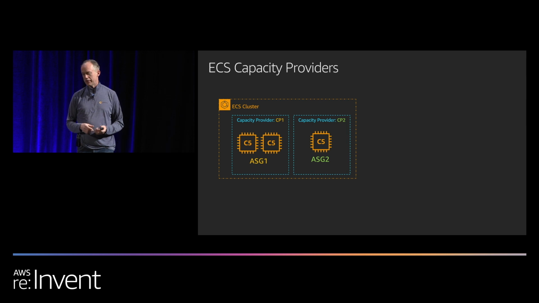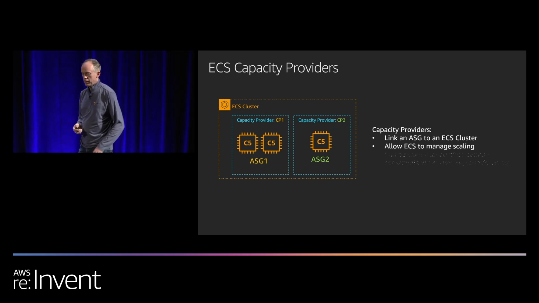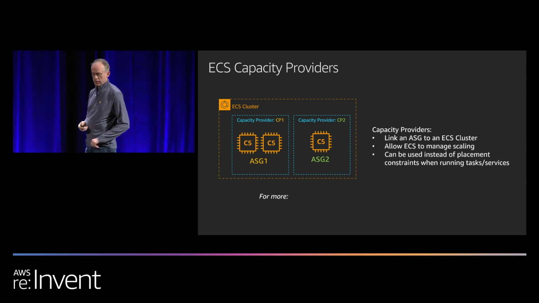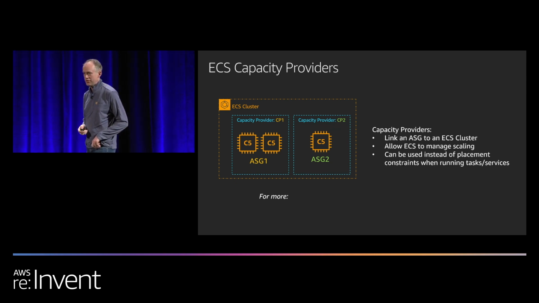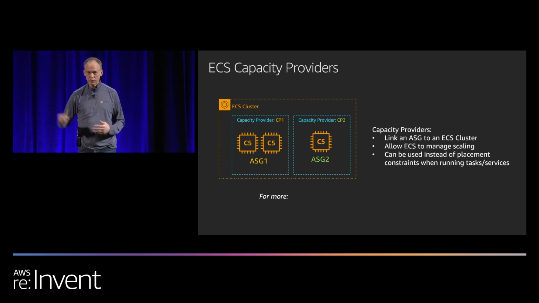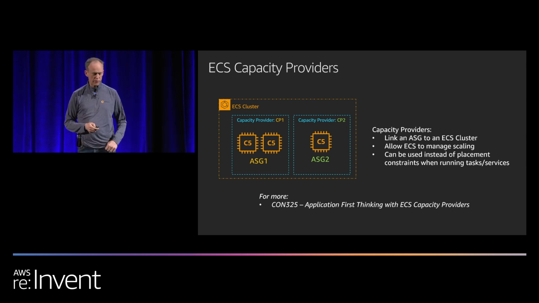A capacity provider is a new ECS resource type that encapsulates an auto-scaling group. And then when you run tasks and services, you can target those capacity providers, and you can define weights for the capacity providers. And I'll do a demo where I show how this works.